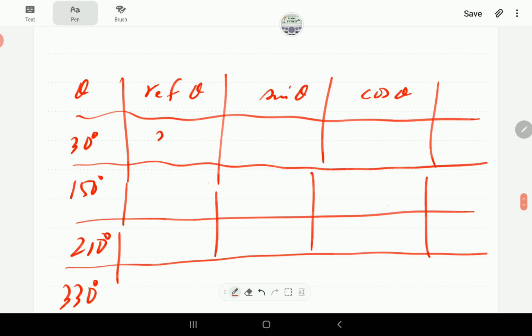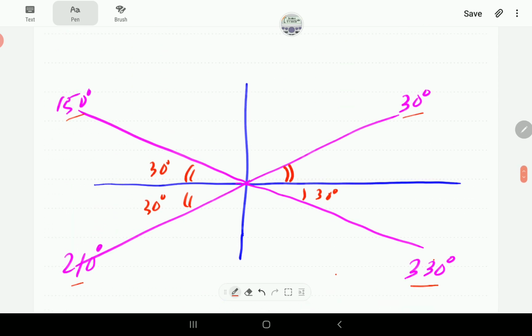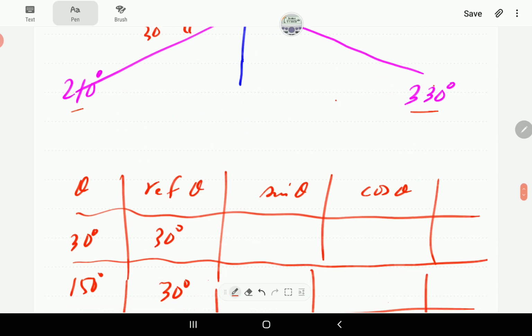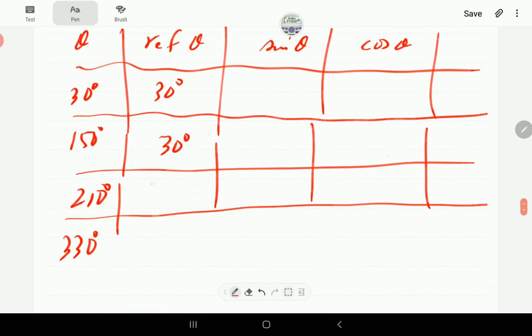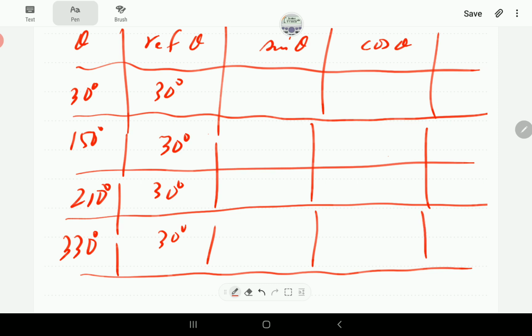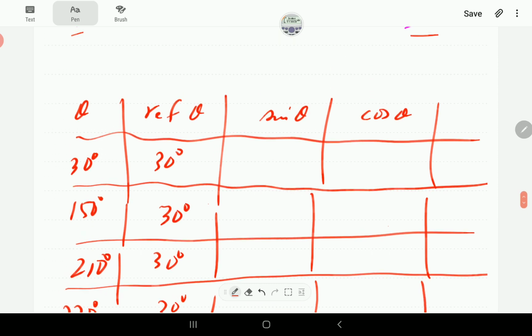The ref theta here is 30. The ref theta for this one is 30, this angle here. The ref theta for this one is 30. So these four angles are connected because they've got the same ref theta. For 30 we've already seen that sine 30 is 0.5, cosine 30 is 0.866.